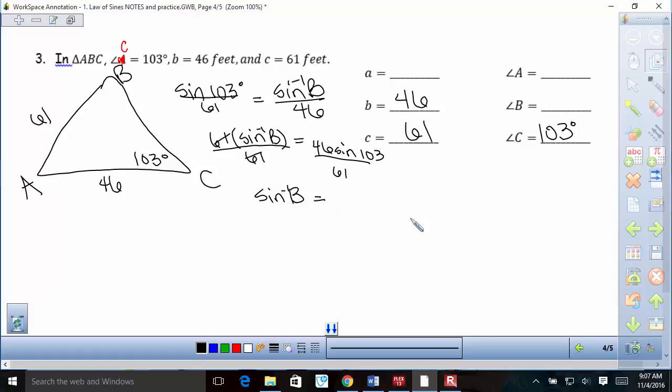So when you do that, you're going to get some weird decimal. 46 sine 103 divided by 61. You're going to get a weird decimal right here. It just means you haven't done the second button yet. That's all. Now punch that in and see if you get the same thing I did. 46 sine 103 divided by 61.